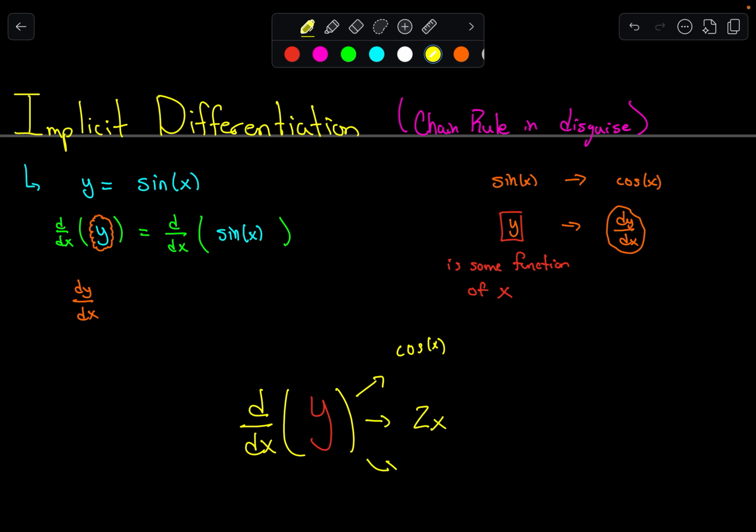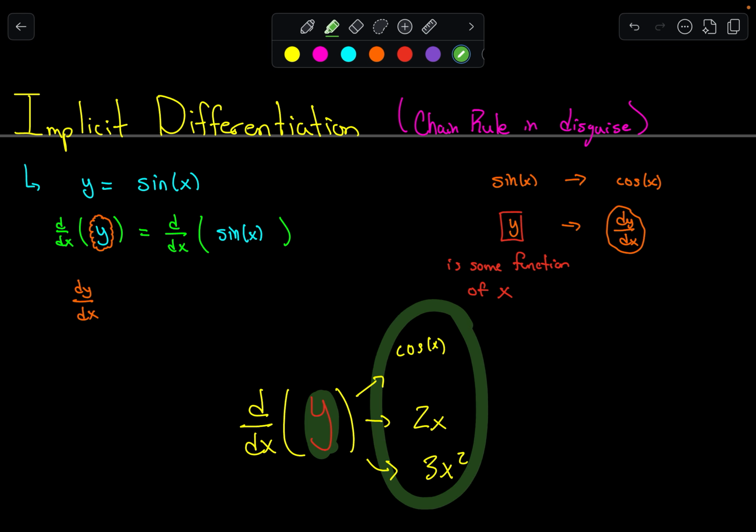Right? If y is equal to x cubed, then this is 3x squared, right? So depending on what y is, our derivatives would all be different. And so instead of being able to actually get a concrete answer here, we can't do that. We're just being given this letter y.